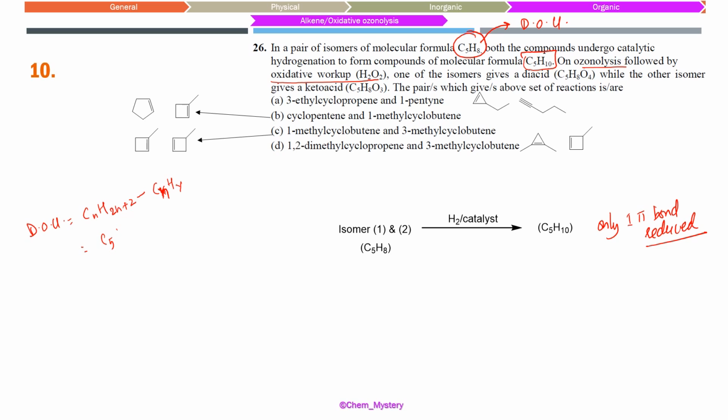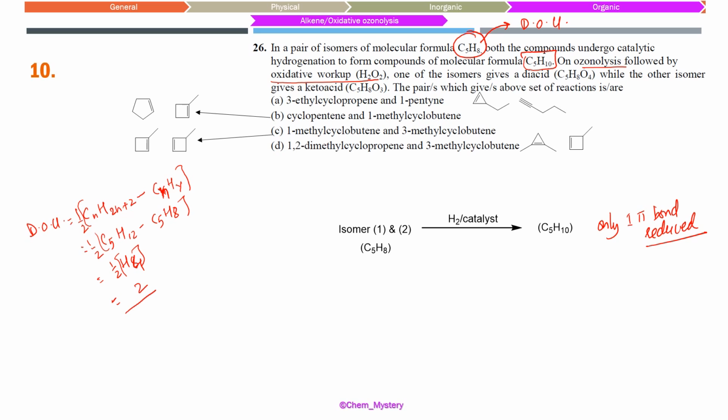Divided by 2, the degree of unsaturation is 2. But the first option we can rule out because it would have both the double bonds reduced.